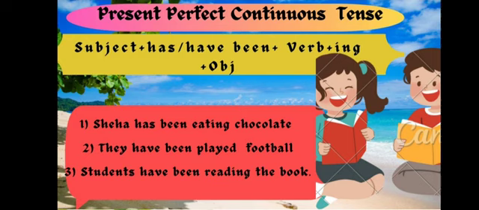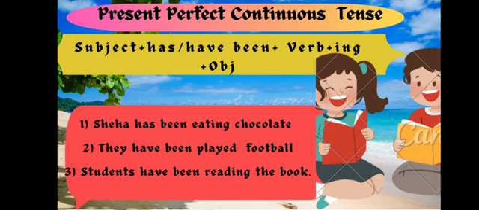So, what is the subject here? The subject is Sneha. Similarly, has is added along with been plus verb eat and ing is added, plus object. The object is here the chocolate. So Sneha has been eating chocolate. It's a perfect example of present perfect continuous tense.